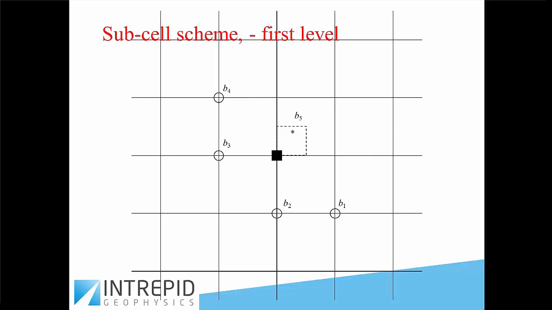So the first thing is a subcell scheme, and what we've done here is say that if the observation occurs not at the centroid, which is the black square, but at the asterisk, which is where the observation really is, you have a gradient of the field in the y direction between B3 and B4, and a gradient of the field in the x direction between B1 and B2.